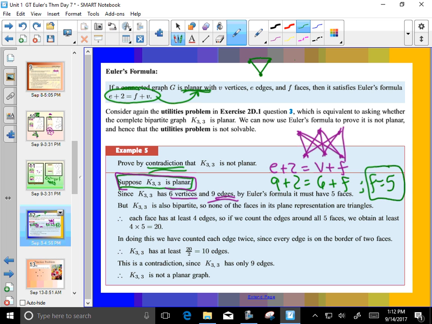Let's say I have a 2 by 2. How many edges on that face? 4, right? Okay, so it says here when we represent these with triangles, each face is going to have at least 4 edges.